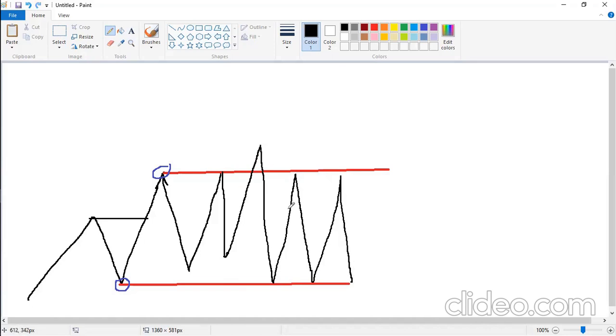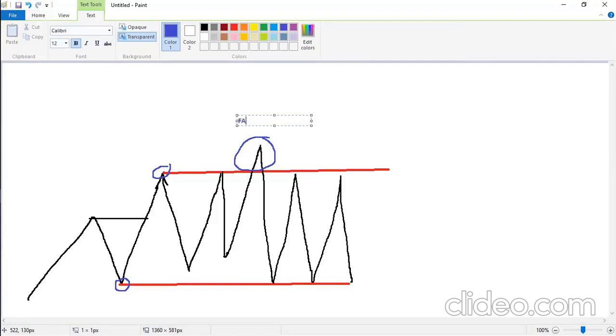Can you see this? Yes. So this is what you call a fake breakout, or a fake BMS.